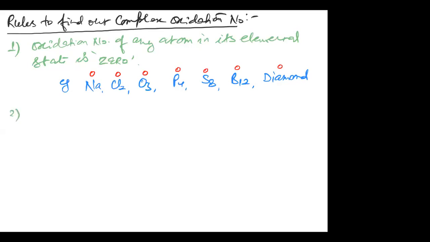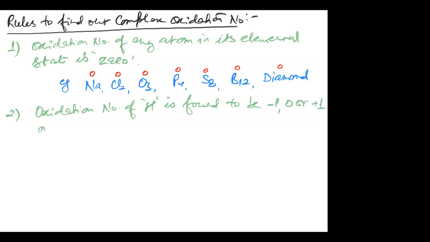Similarly, the second rule is the oxidation number of hydrogen. Oxidation number of hydrogen is found to be -1, 0, or +1 only.